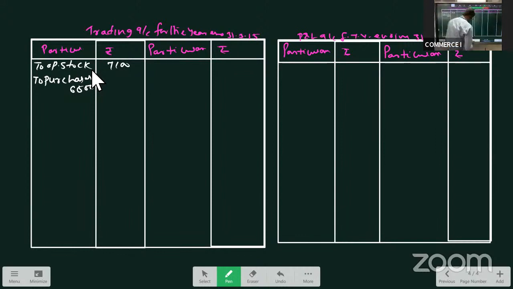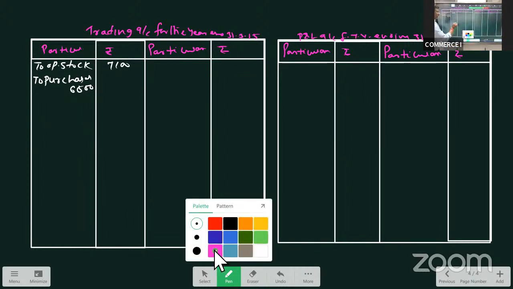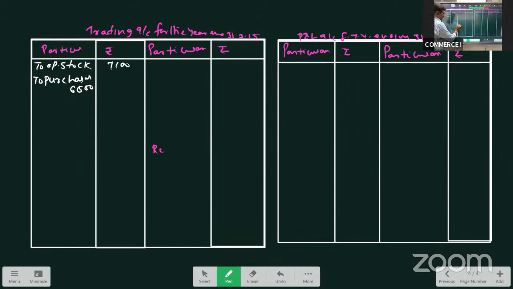Returns given on the debit side. Remember this, returns in the debit column are sales returns. They are returns inward. Returns given in the debit column are sales return, and returns given in the credit column are purchase return.